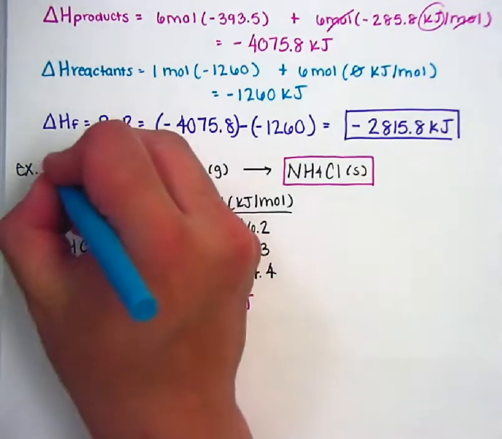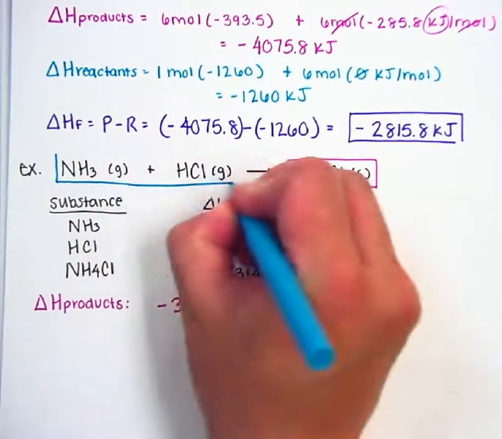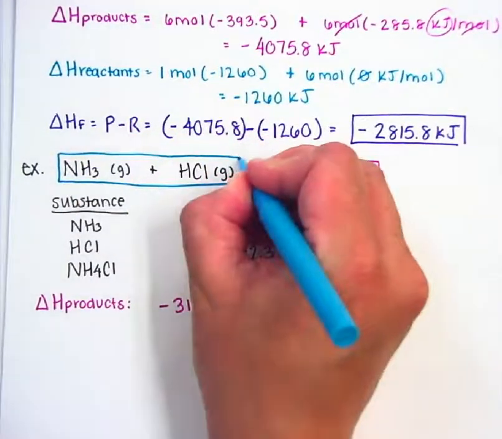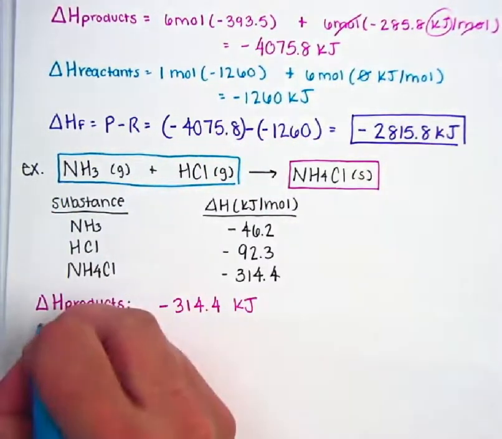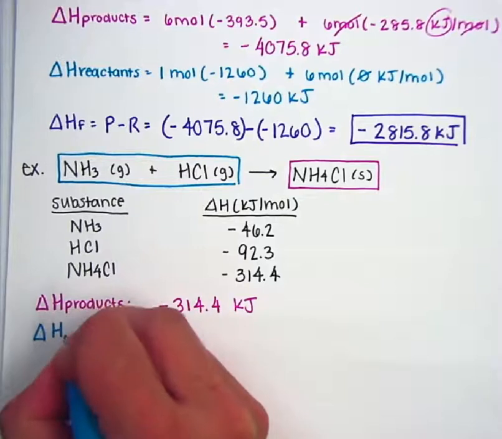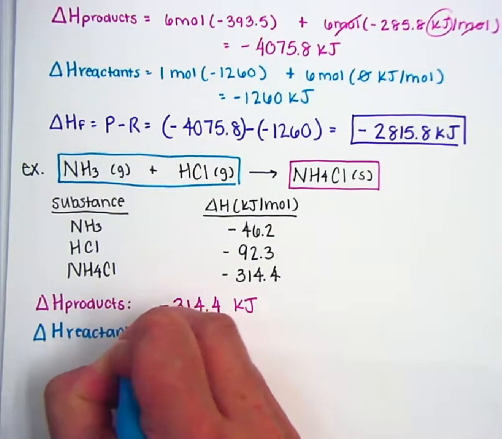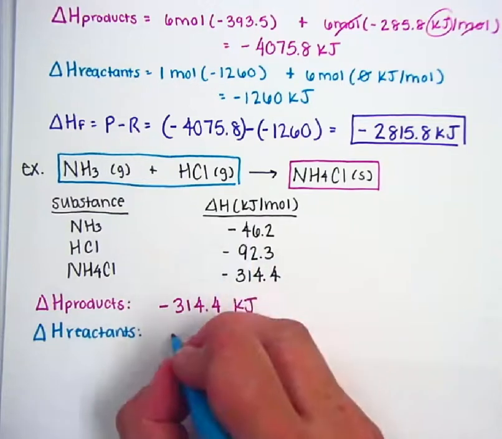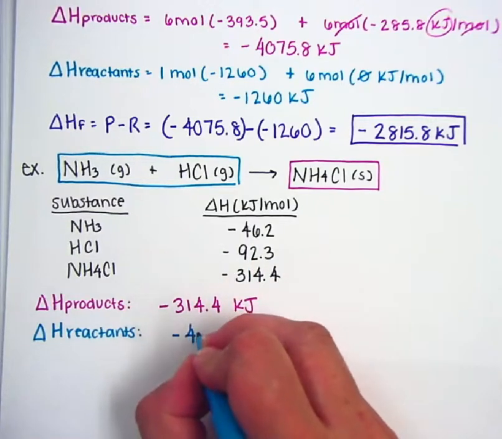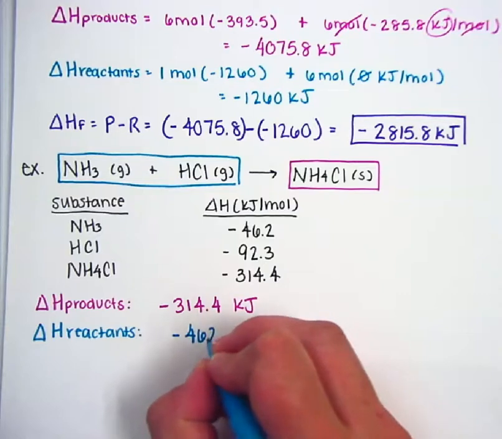Now we're going to do the reactant side, left side of the arrow. 1 mole of ammonia has a delta H of negative 46.2 kilojoules.